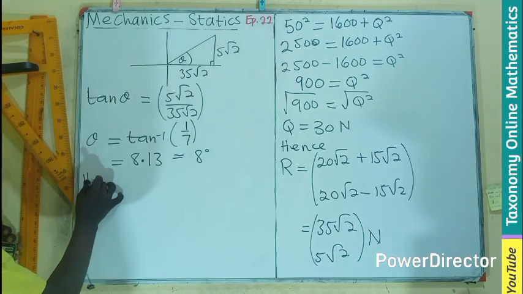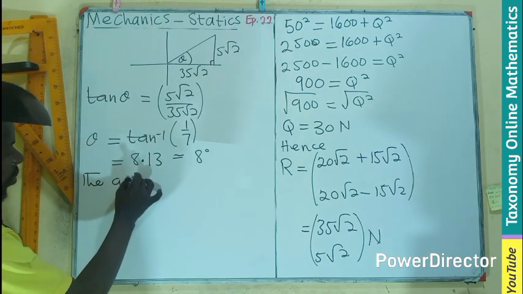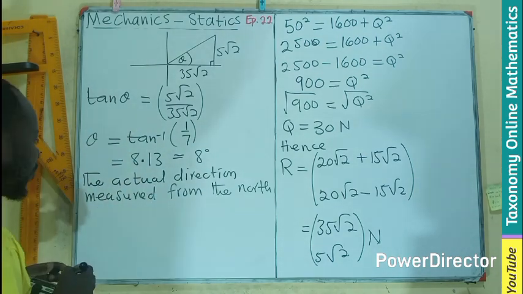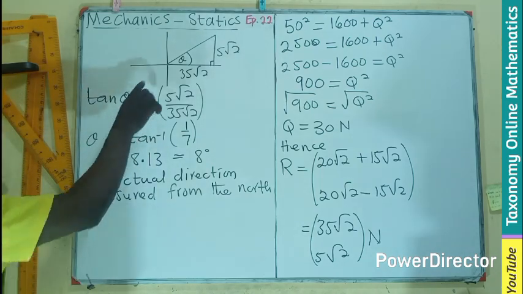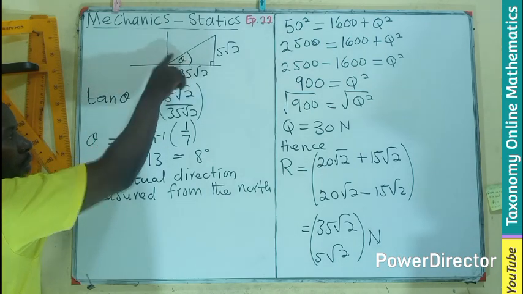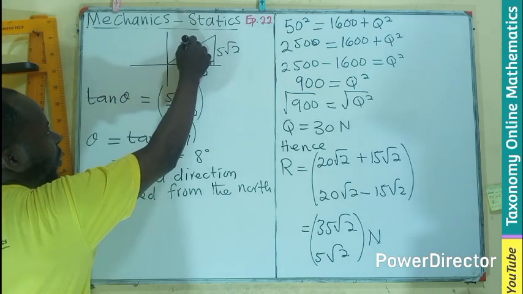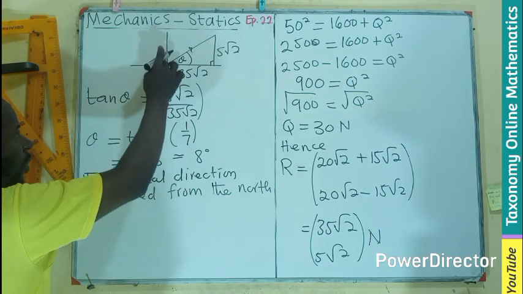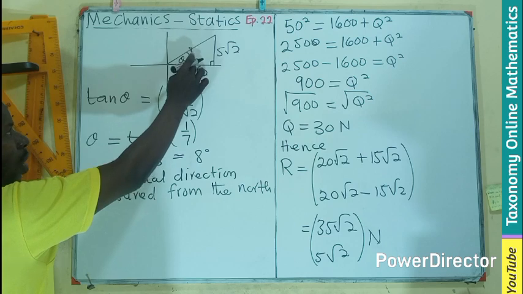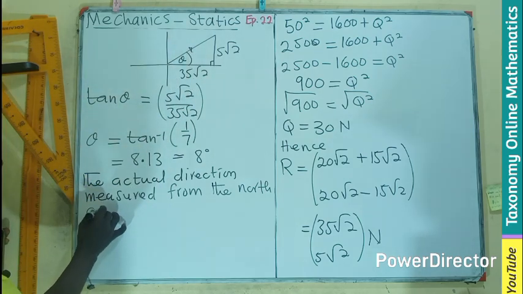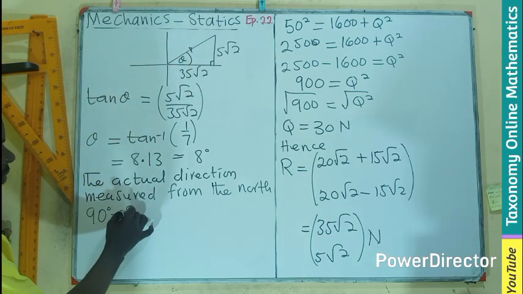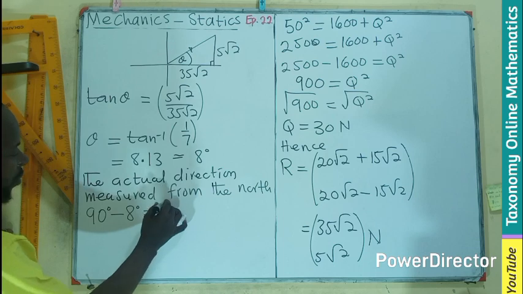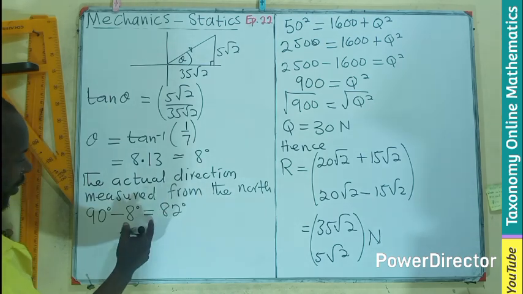So if you find the actual direction measured from the north, remember this is not the direction of the force. This is the force you are looking for. This is not a direction. The direction is measured from the north. So it means that from here to here, we are not up to 90. Therefore, 90 degrees minus 8 degrees will give us 82 degrees, right?